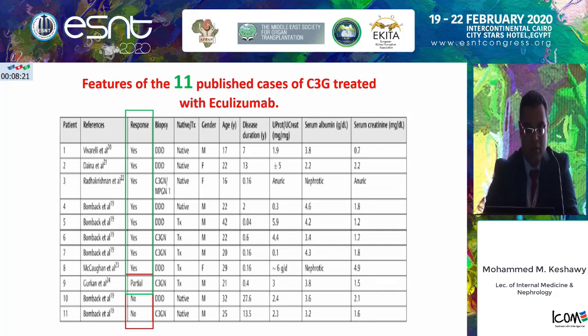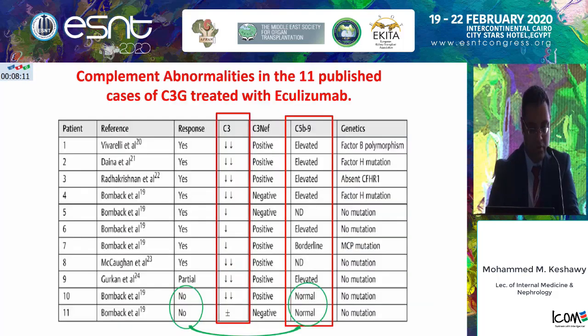When investigating some published cases of C3 glomerulonephritis treated with eculizumab, there are 11 cases, and just 2 of them didn't respond to treatment. What was striking is that the membrane attack complex was elevated or borderline elevated in all cases, except the 2 cases that didn't respond.